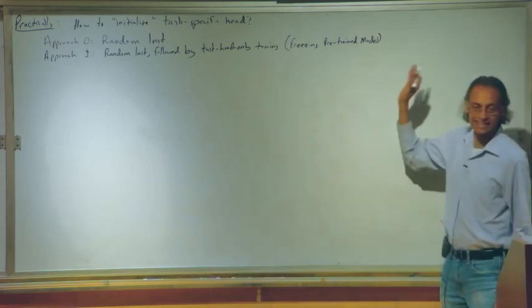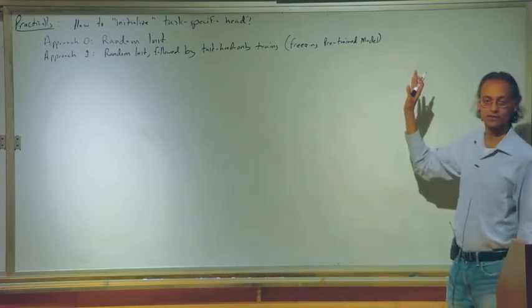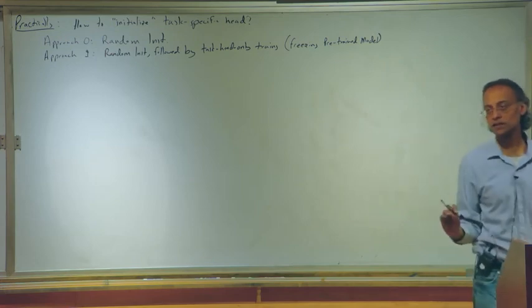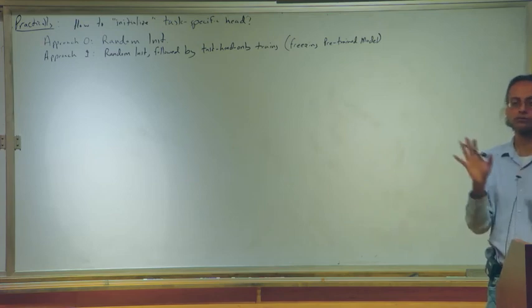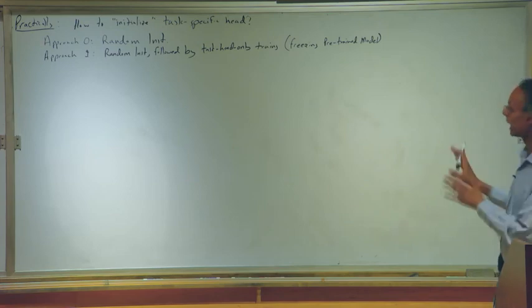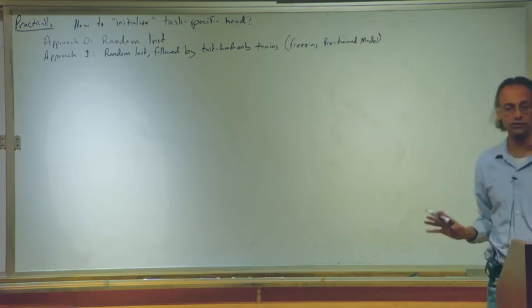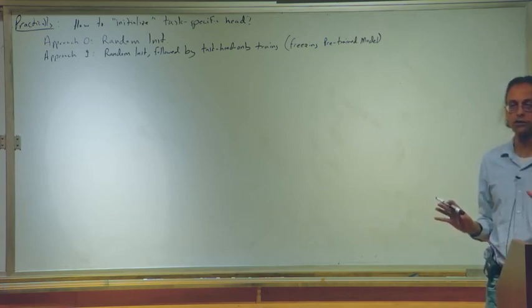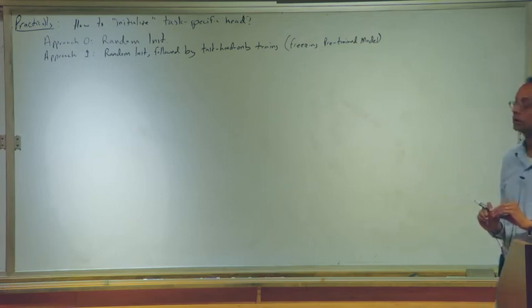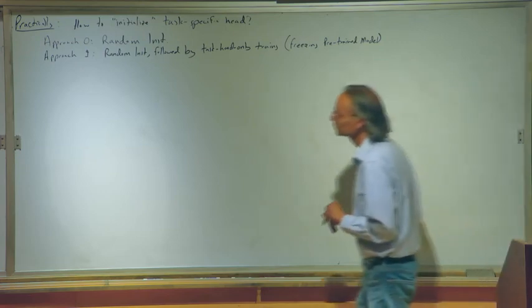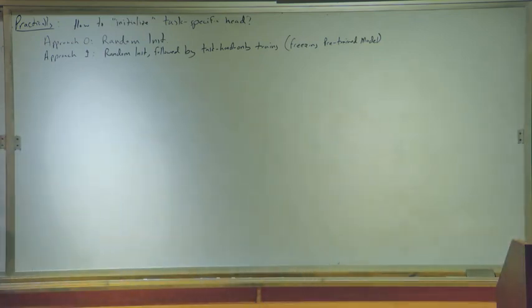Okay? And then this is your initialization. What this does is initialize the task-specific head to something which is sort of reasonable for this task. And then after you do this initialization, you fine-tune everything. So now you allow gradients to pass through and adjust everything. Okay? These two approaches are hopefully clear to everybody as something you can do.